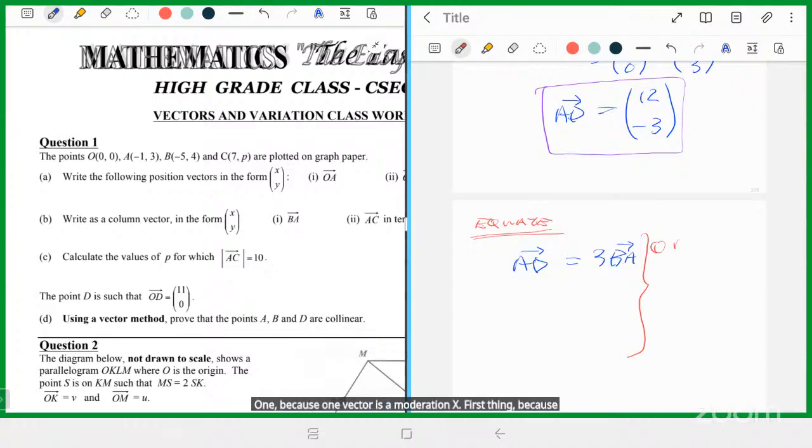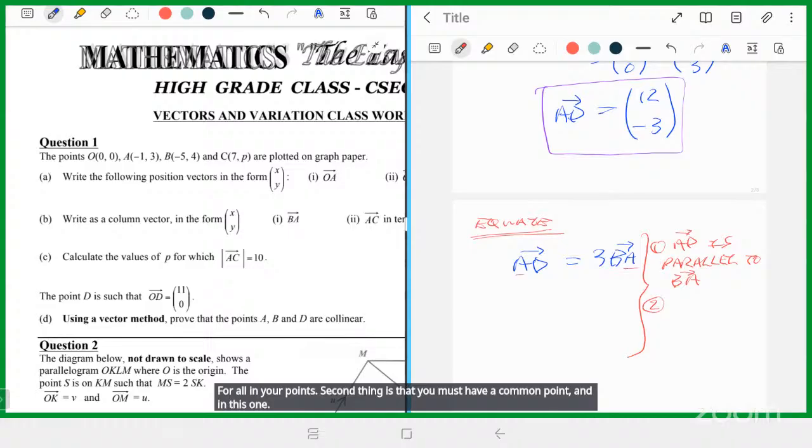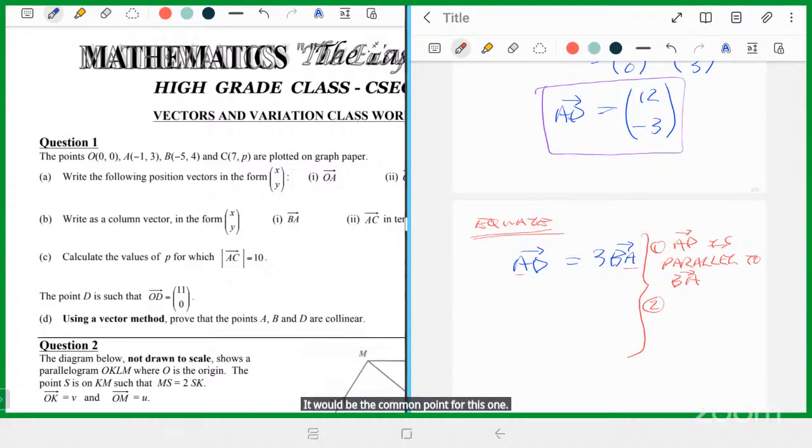So we can say AD is parallel to BA. That's the first thing that you must have for collinear points. The second thing is that you must have a common point, and in this one, A will be the common point. And so we're going to write that A is a common point.